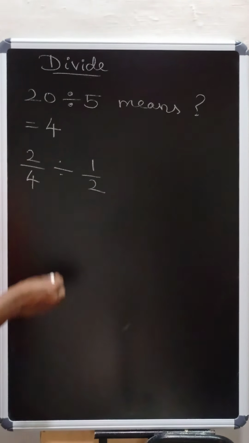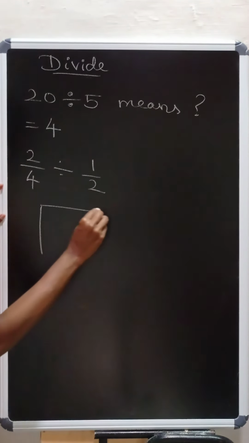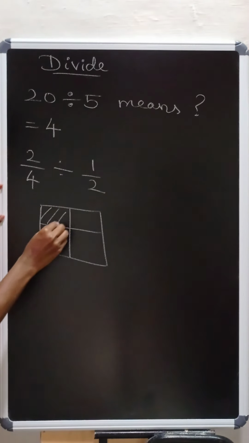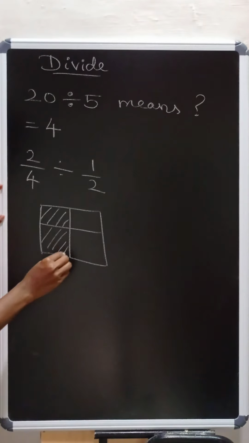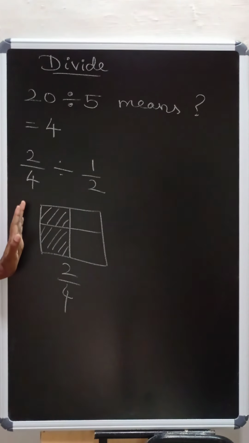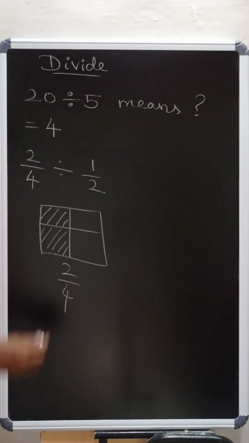Now 2 by 4 divided by half. So this is 2 by 4. Now look at this picture and tell me, how many halves are shaded in this picture? 1 half, correct?